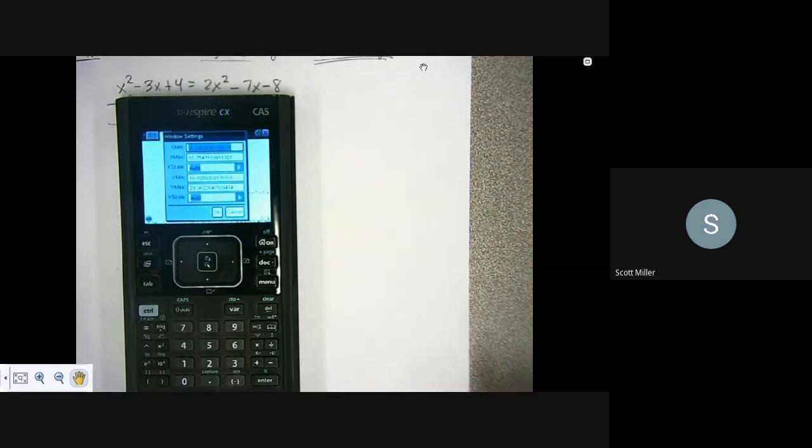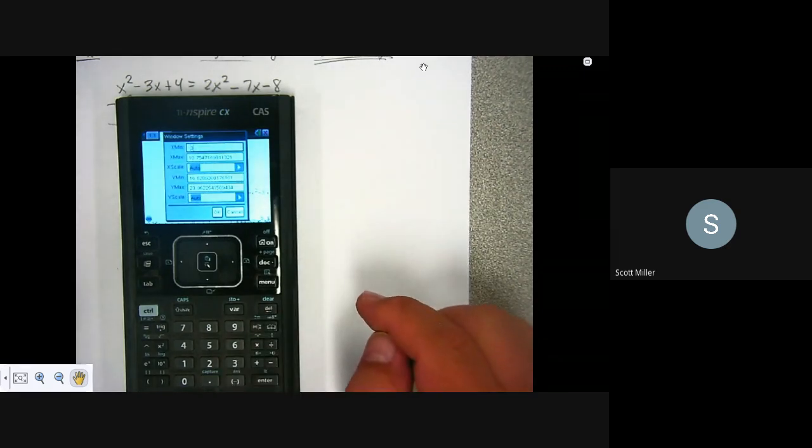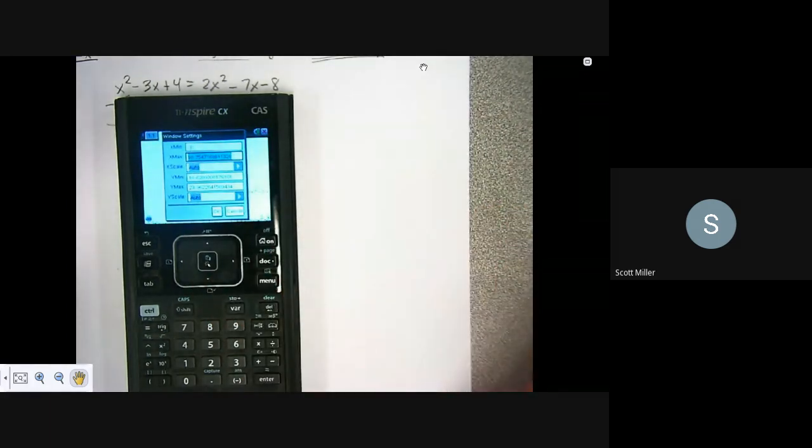Well, I already know that the 0 is at -2, right? So maybe just type in -3, get a little bit below it. I know that 6 is the maximum 0 that I'm looking for, so go a little bit beyond that one. Maybe go to 7. Just gets rid of all the fluff.